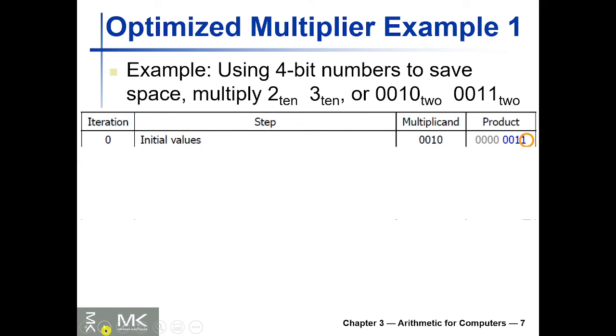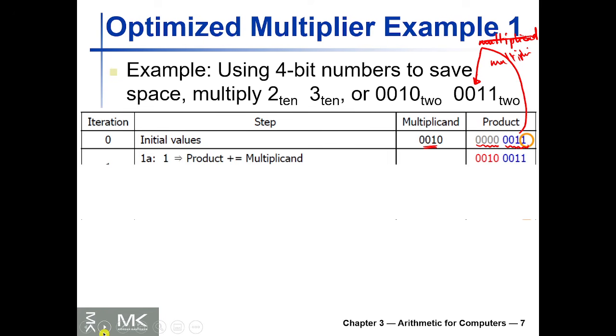The initial value of the product is not all zeros: the most significant 4 bits are zeros, but the least significant 4 bits are the multiplier, the 3. And the multiplicand is just the 2.